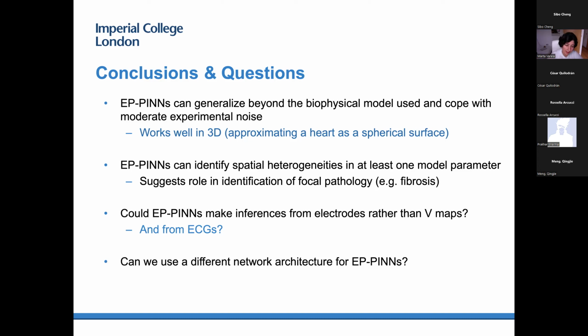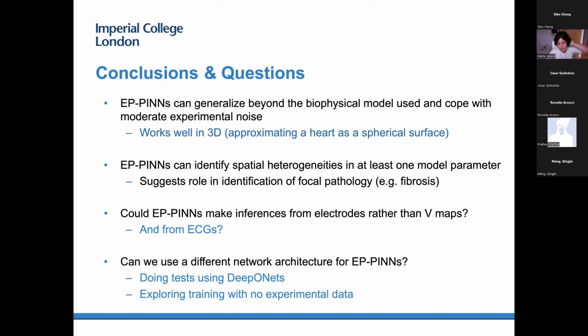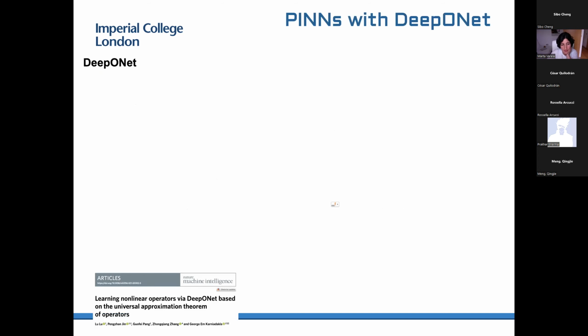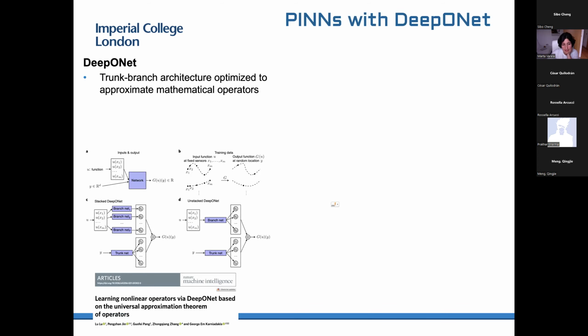And latest, another question we've been working on is whether we can use a different network architecture for the PINNs. As you remember, we've been using fully connected neural networks. Recently, there's been an architecture called DeepONet that has been proposed. I'll show you a little bit about it. This is the paper, and this is the architecture. It was originally created as a means of approximating mathematical operators.